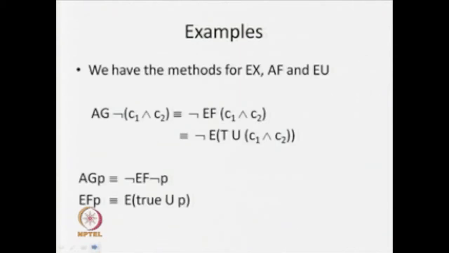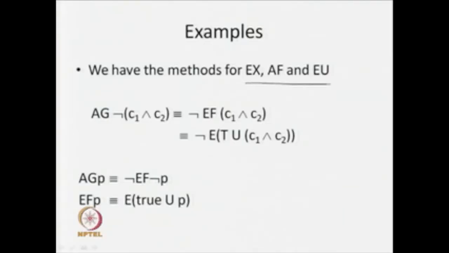Now, we have seen that we are going to look into the adequate set of operators, and we said that these are the three operators that you need: EX, AF and EU, and we have already discussed the algorithm for these three operators. So, whatever CTL formula we are given, we have to convert it to these three operators. We have already seen the equivalences of CTL formulas, and we know that AG can be expressed with the help of EF.